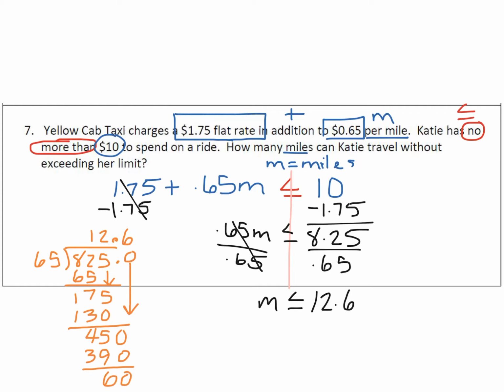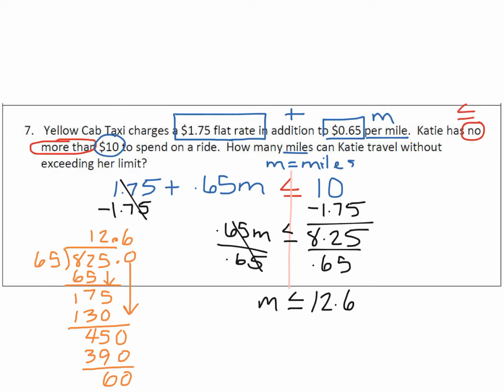All right, I did show a good part of my long division that I did here. I just ran out of room to keep going. So I'm just going to leave my answer at M is less than or equal to 12.6.